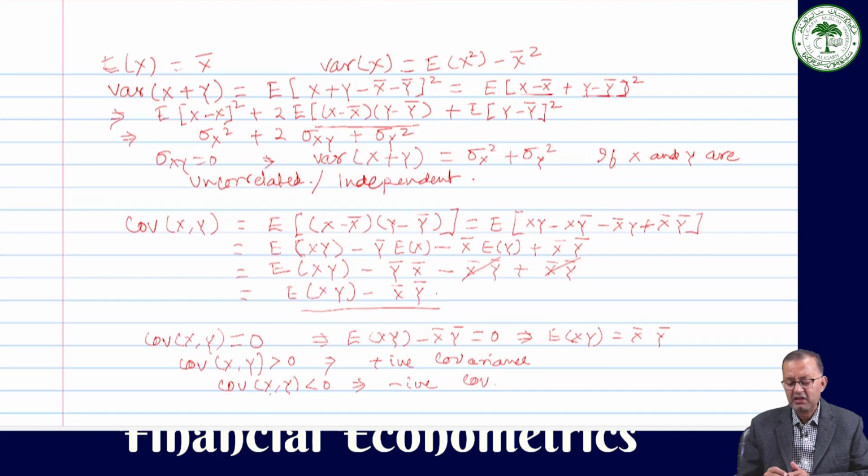In the uncorrelated case there is no such relationship. In the positive case, if x values are greater than the mean value of x, then y will also be greater than the mean value of y. In case of negative covariance, if x values are greater than the mean value of x, the value of y will be less than the mean value of y. So this is about the covariance.